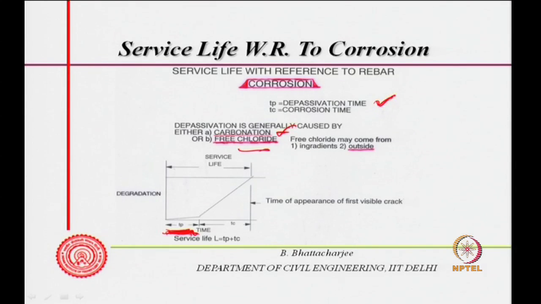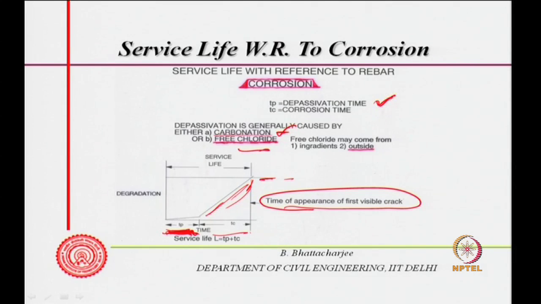When pH turns out to be low or sufficient chloride has come, then the corrosion process might start, and the time after which a serviceability limit is reached is actually the time of appearance of the first visible crack. Corrosion process results in cracking, which we will see later on how it does. So, when the first visible crack has appeared, that time we call service life.